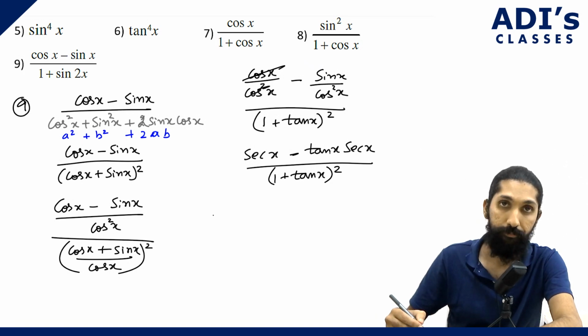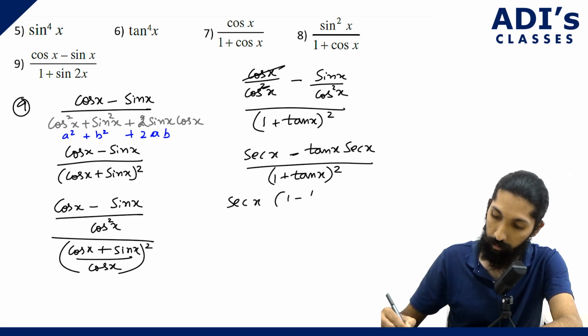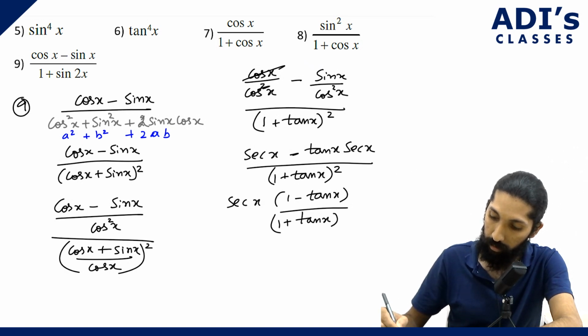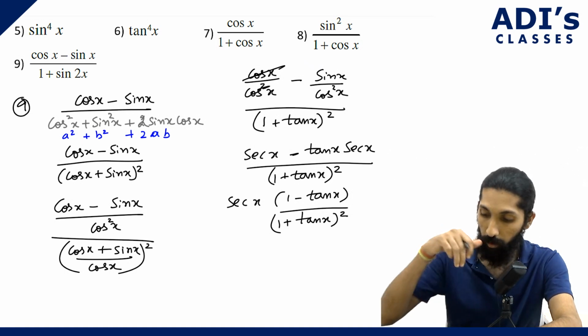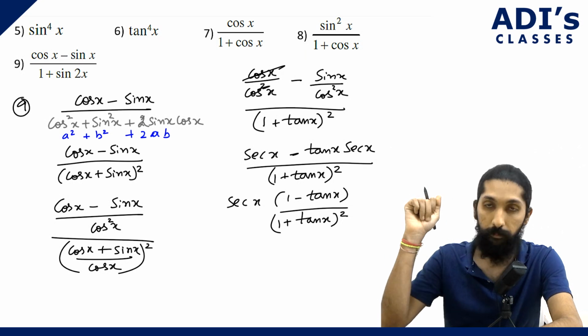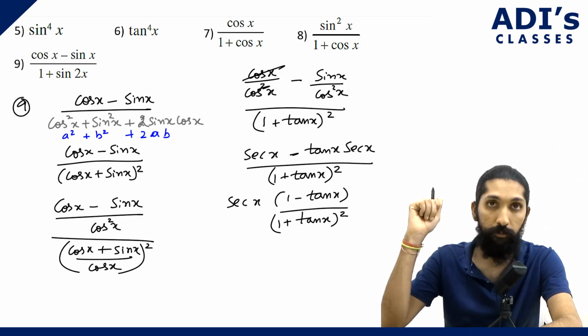Or secant x into 1 minus tan x by 1 plus tan x whole square. Right? Now we got it in terms of tan. Suppose if you are going to take it in terms of tan itself, we can take tan x as t and we can solve it. Correct? Let's do it now.